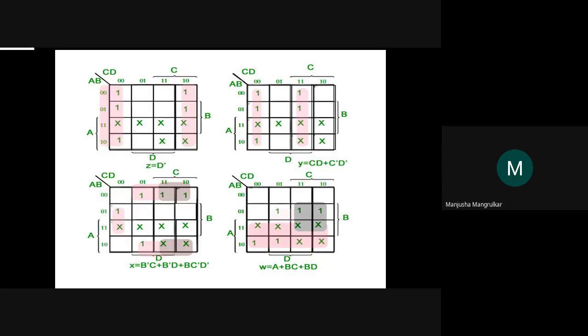Now whatever the data of W, X, Y, Z is, that will be filled into the K-map.